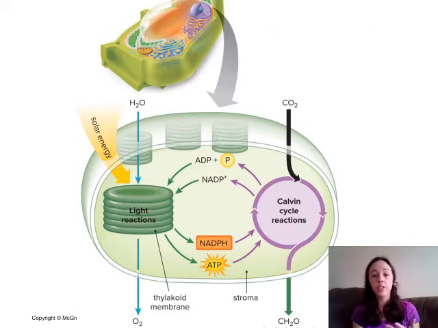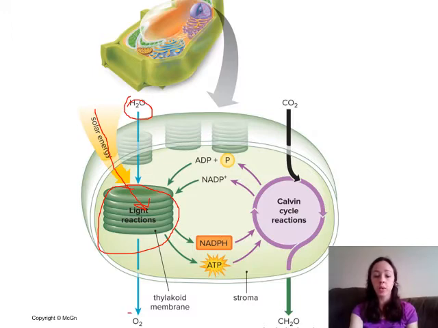So here's a brief representation of photosynthesis. We have our thylakoid here with our green chlorophyll pigment that will absorb the solar energy from the sun, which will energize the water molecule, breaking it apart and then releasing oxygen out into the atmosphere.